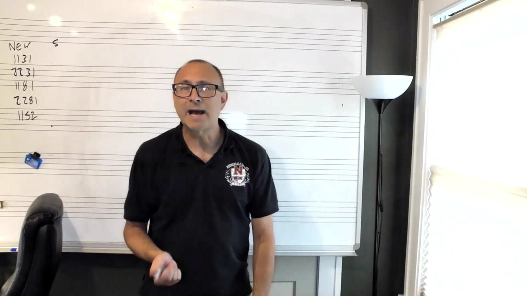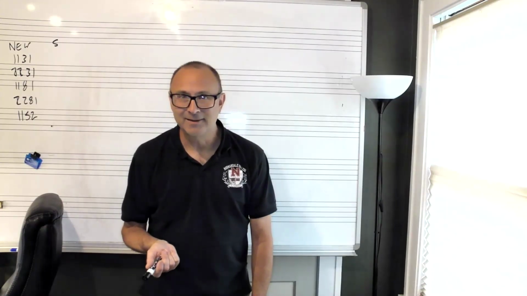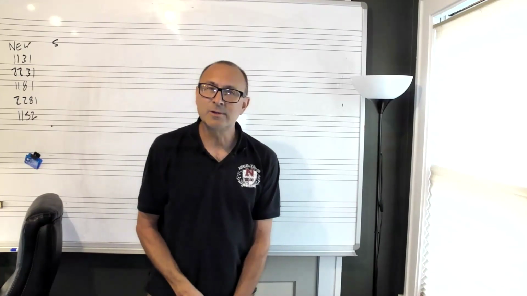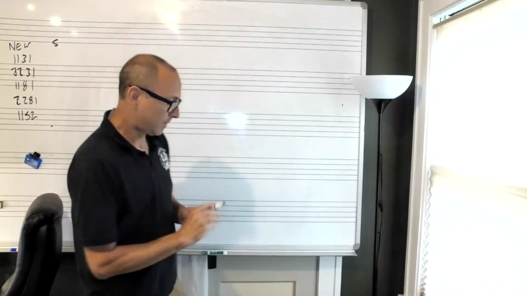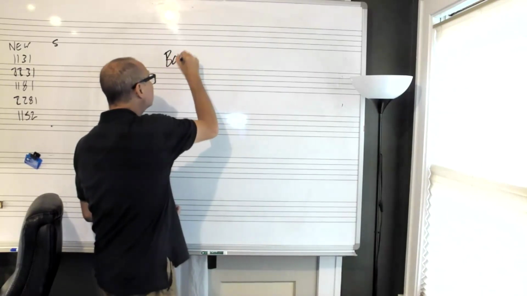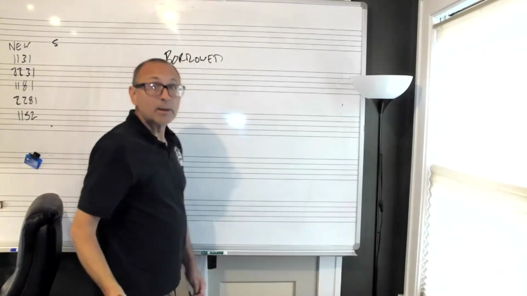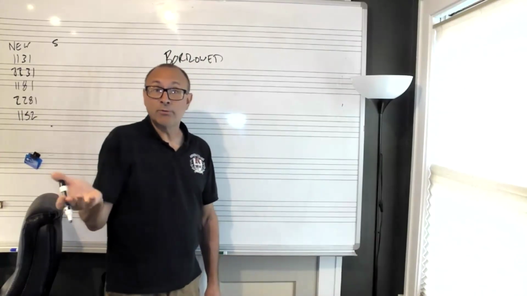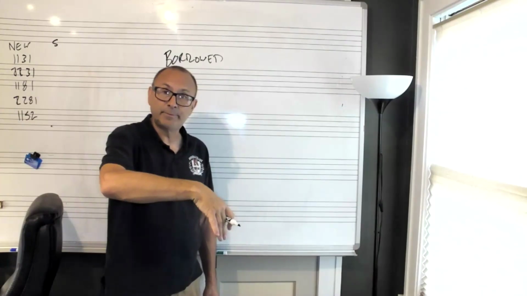So let's just get into the last section, which is the chromatic harmony. Okay, so we're going to make a list of chromatic harmony areas, starting with borrowed chords. These are chords that are borrowed from a minor key and applied to a major key.